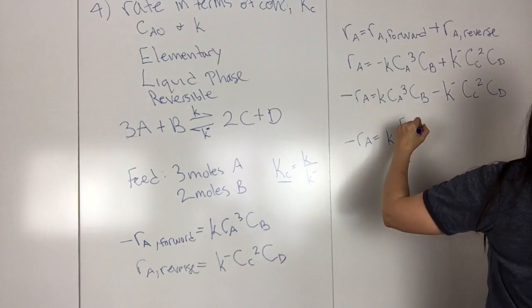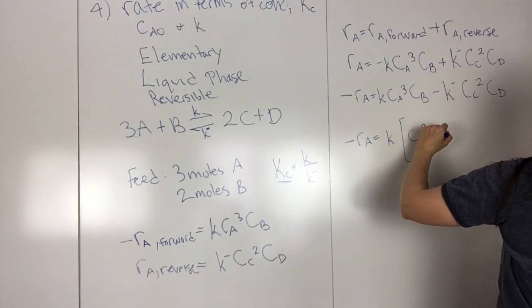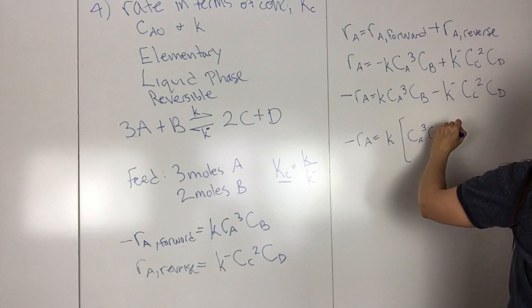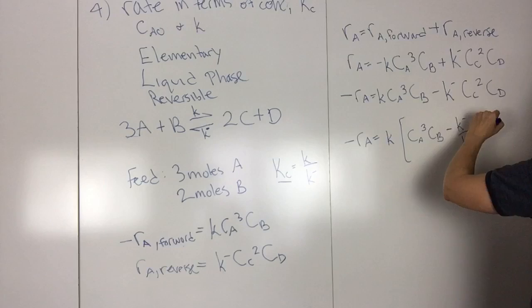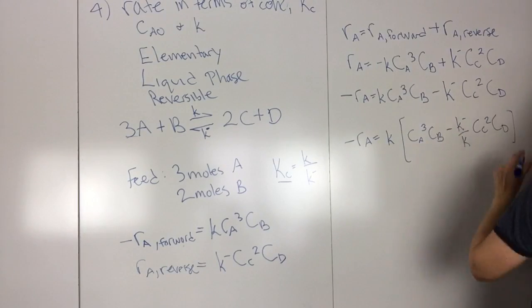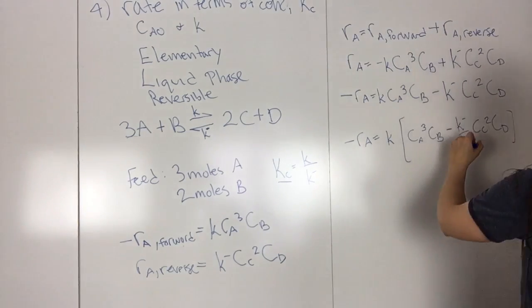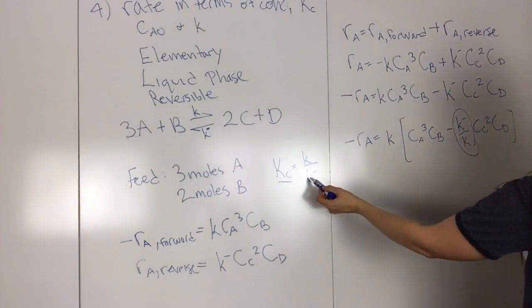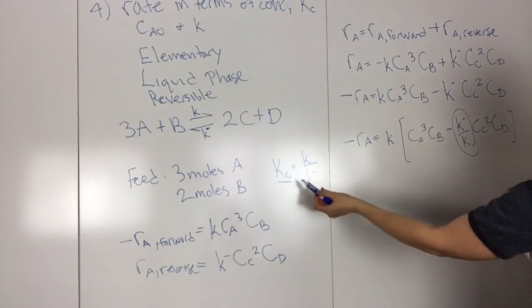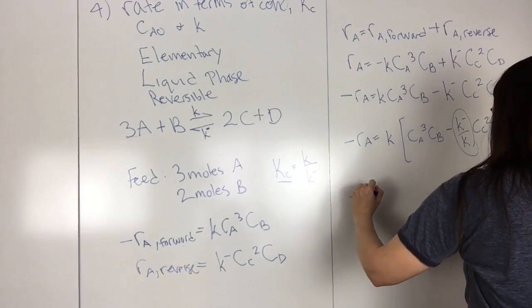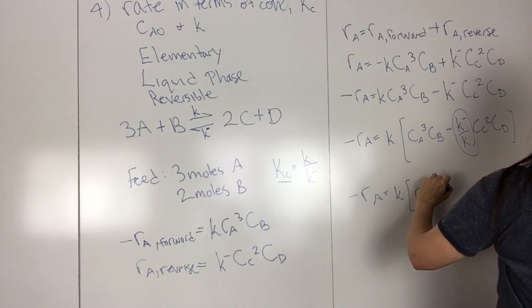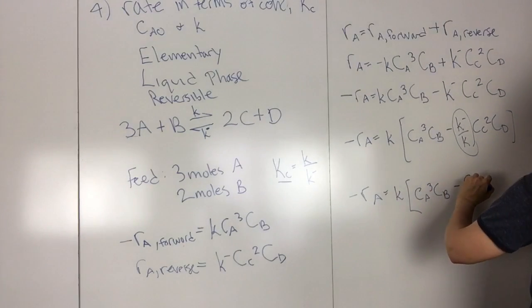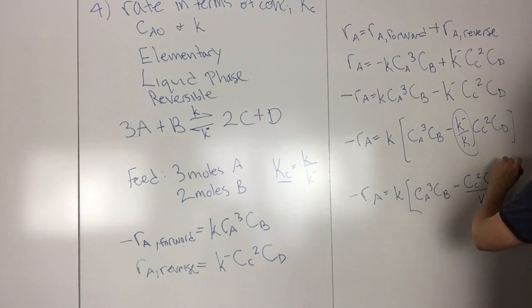So k, CA cubed CB, because we pulled the k out, and then we have minus k minus over k, CC squared CD, and then we need to plug this in for that, so then we get RA equals k, CA cubed CB minus CC squared CD over Kc.